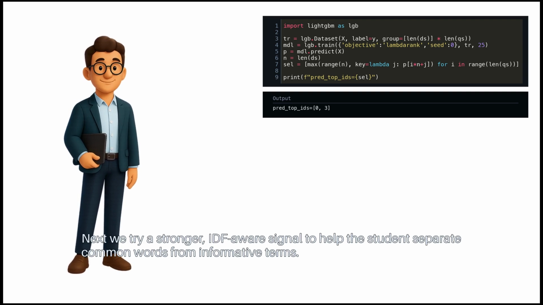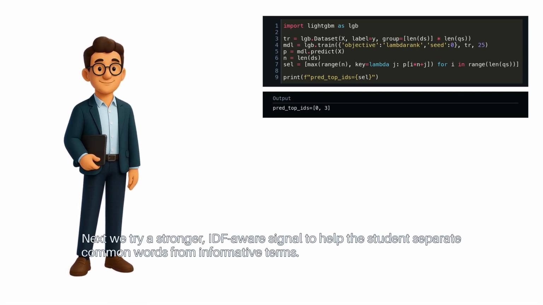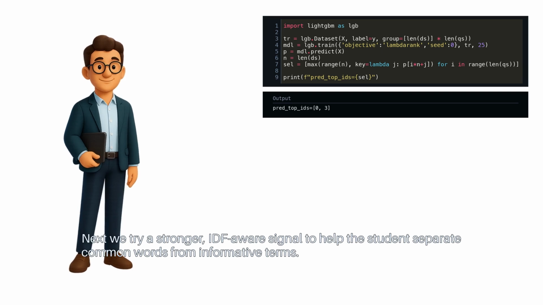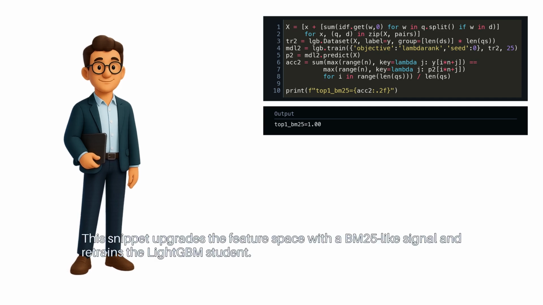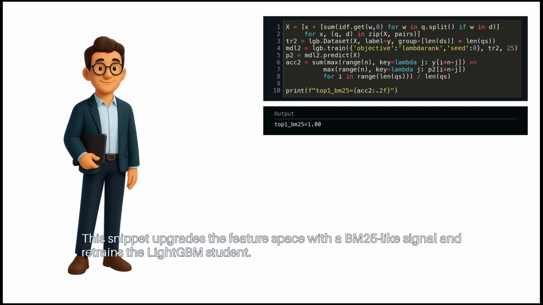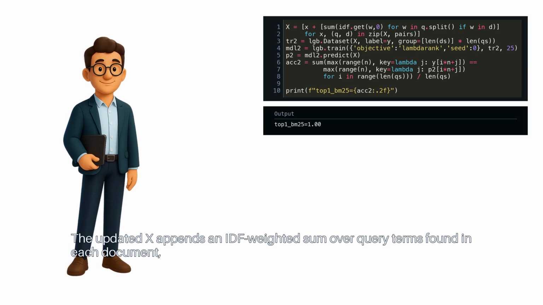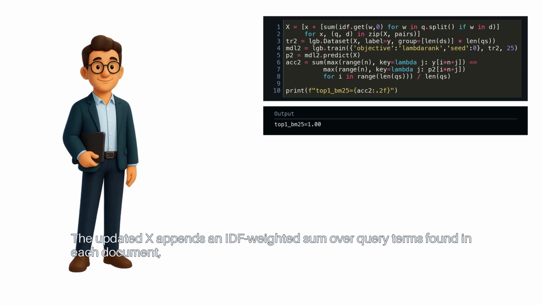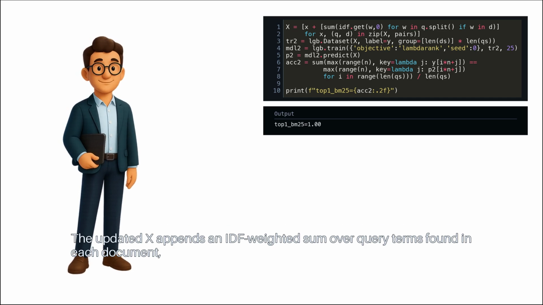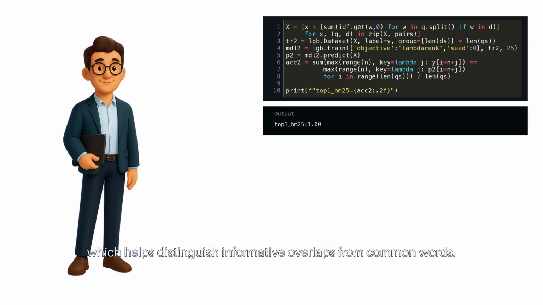Next, we try a stronger IDF-aware signal to help the student separate common words from informative terms. This snippet upgrades the feature space with a BM25-like signal, and retrains the LightGBM student. The updated X appends an IDF-weighted sum over query terms found in each document, which helps distinguish informative overlaps from common words.